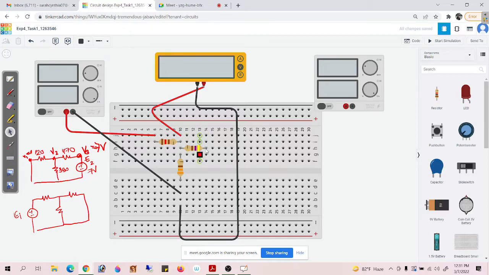If you see R2, yes, R2 is now open. So we have to connect it like it is shown in this schematic. We have to connect it to the ground. So let us draw a wire from R2 and connect it over here. Now is the circuit complete?